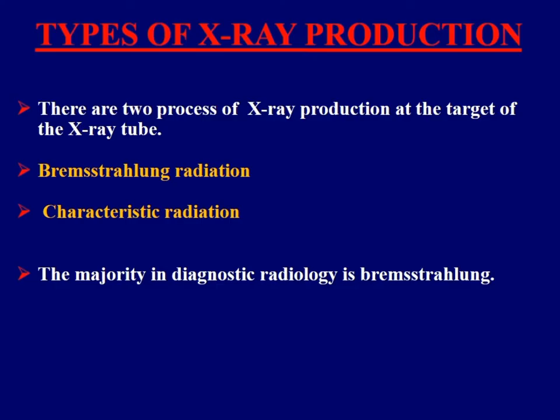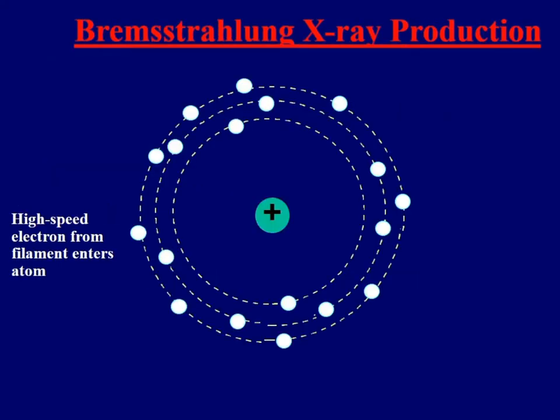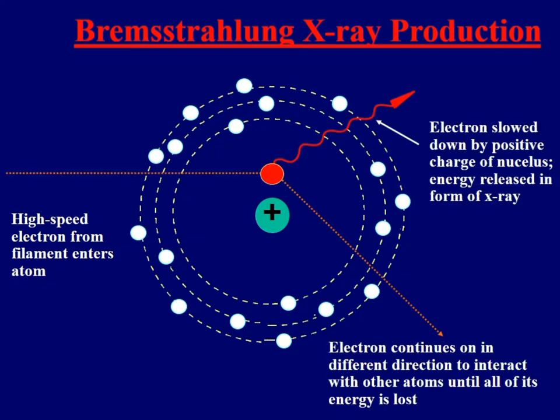Now let us discuss what Bremsstrahlung radiation is and what is the main process behind it, how these rays are produced. Let us understand it with this diagram. What happens is, a high speed electron from the filament enters the atom. So this is how a high speed electron enters an atom.